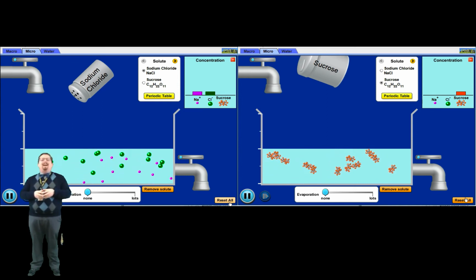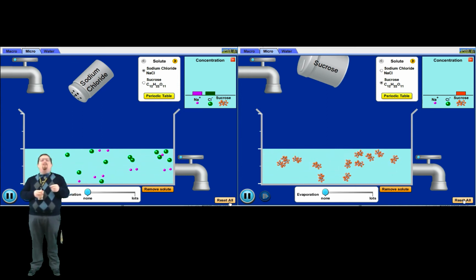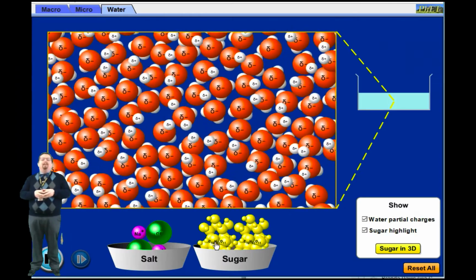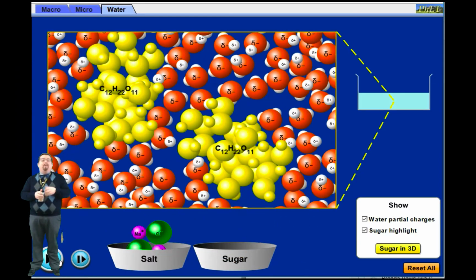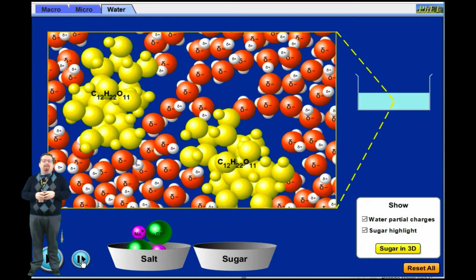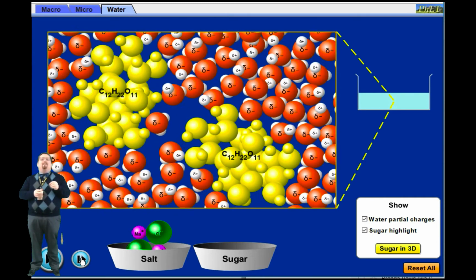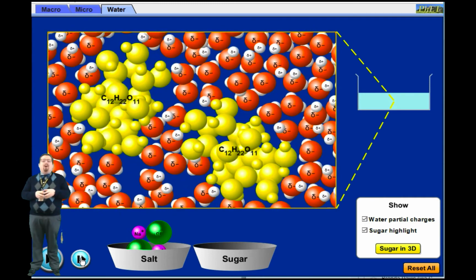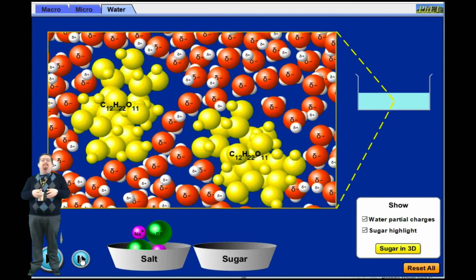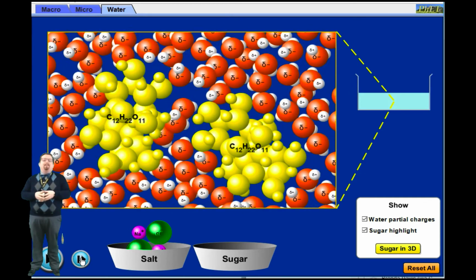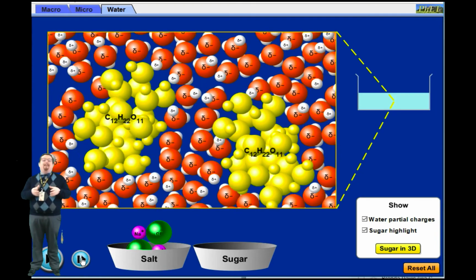So why do you suppose that is? Let's zoom in a little more and watch this again. Here you can see the water molecules with their partial negative and positive charges. Sugar is a covalent molecule. The partial charges of our water molecules allow them to surround each of the sugar molecules, but doesn't allow them to break them up entirely.